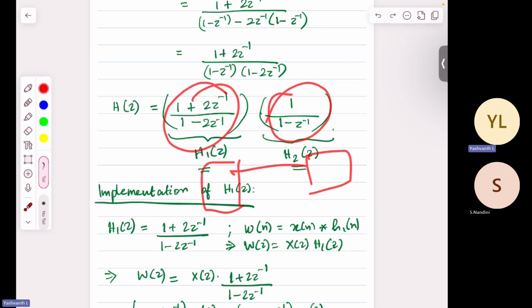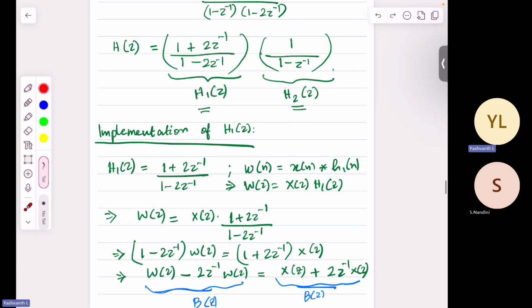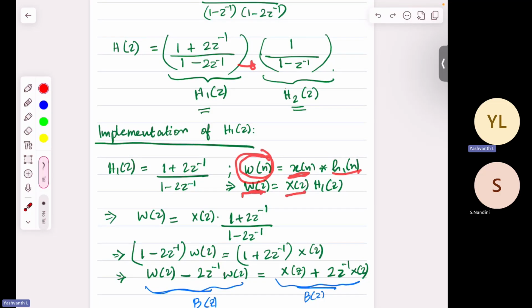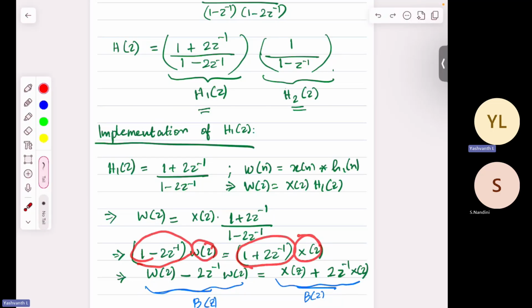Now all that remains is to implement both of them separately and connect them. Let's implement H1(z) = (1 + 2z^-1) / (1 - 2z^-1) first. The intermediate signal, call it w[n], is the output of the H1(z) block, which is the convolution of x[n] and h1[n], or W(z) = X(z) H1(z). Therefore W(z) = X(z)(1 + 2z^-1) / (1 - 2z^-1). Taking the denominator to the left-hand side, (1 - 2z^-1) W(z) = (1 + 2z^-1) X(z).